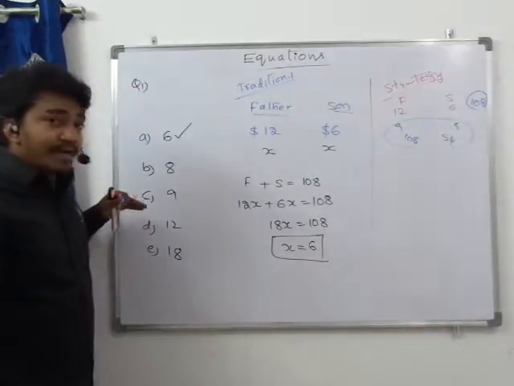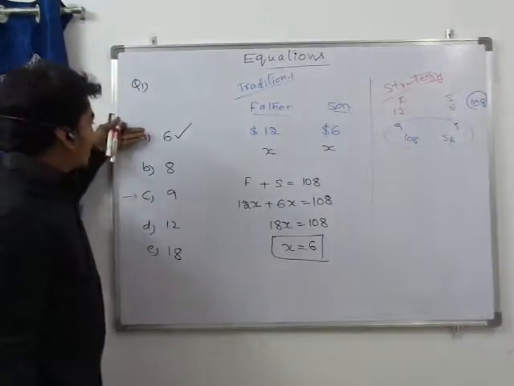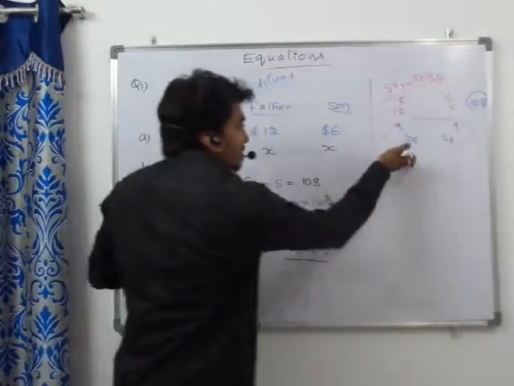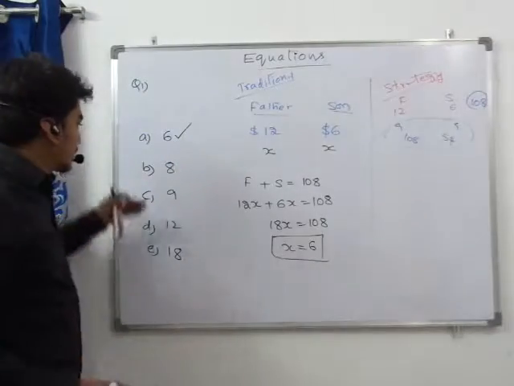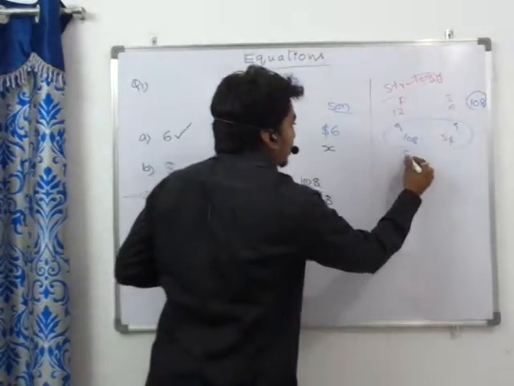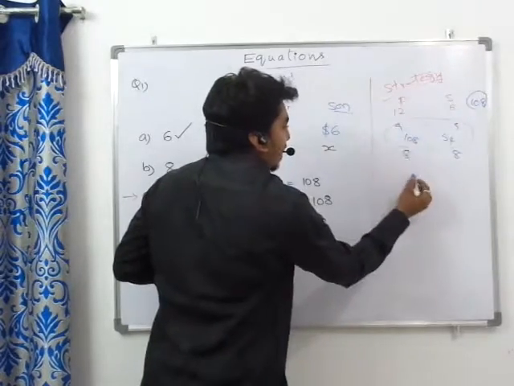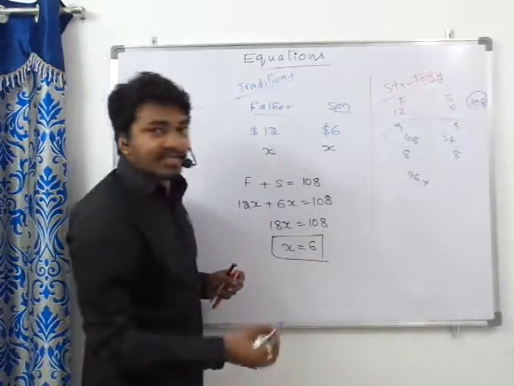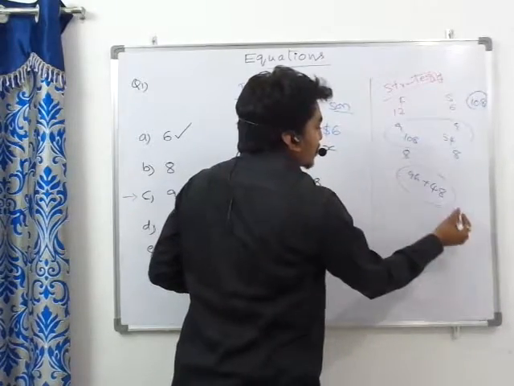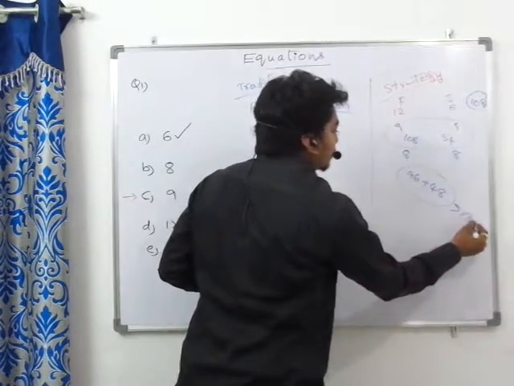Now you may be confused whether to increase the value or decrease the value. If you increase the value, this is going to increase further, no? That means we have to decrease the value. Check with 8, so 8 hours each. 12 eights are $96, 6 eights are 48. This is also more than 108, no?